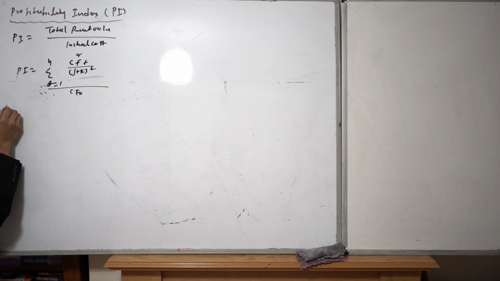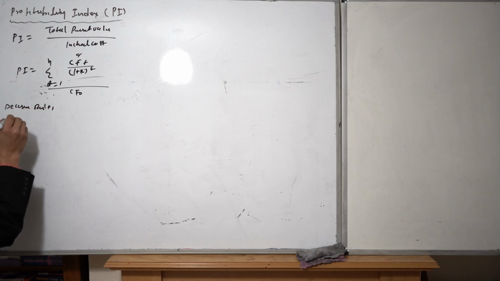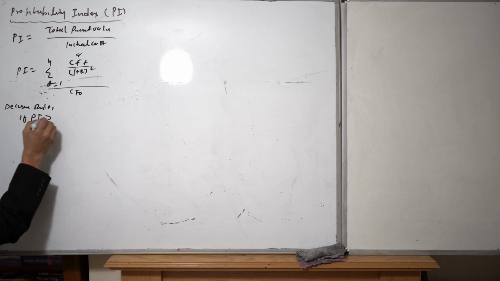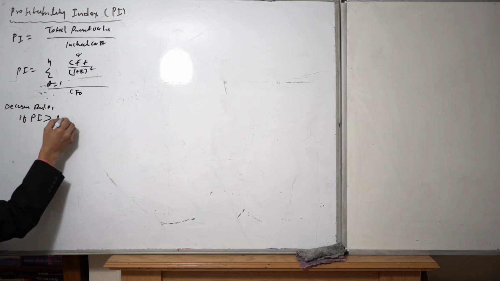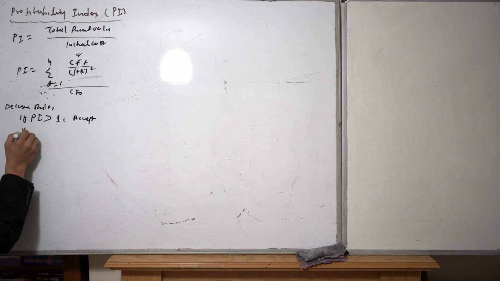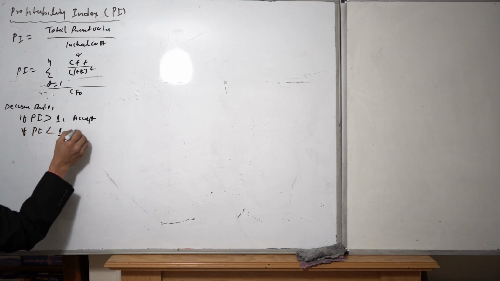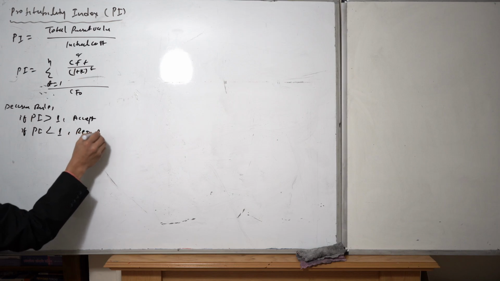And the decision rule is straightforward. If profitability index is greater than 1, accept. If PI is less than 1, then reject.